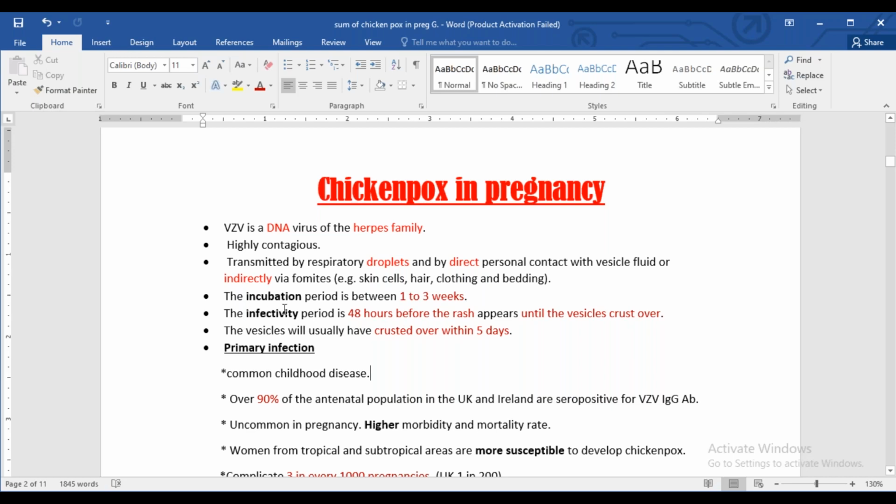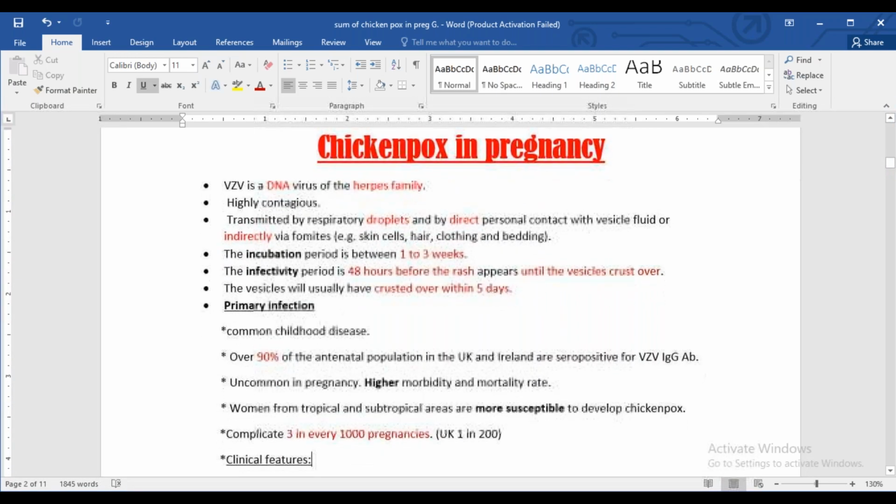The infectivity period, which is a very important one that you have to know by heart, is 2 days or 48 hours before the rash appears and until the vesicles crust over. Usually the vesicles take about 5 days to crust over. Until this period, the patient is infectious. After this, the infectivity period goes. Okay.